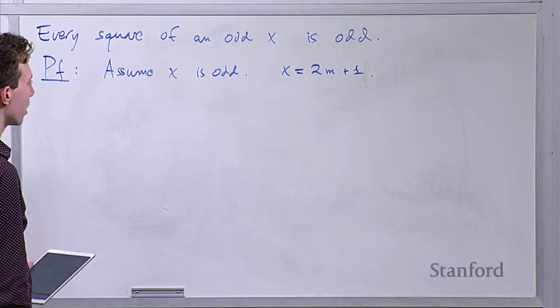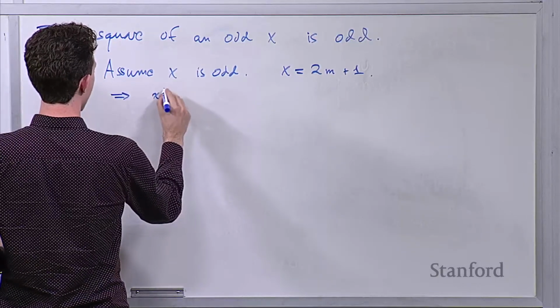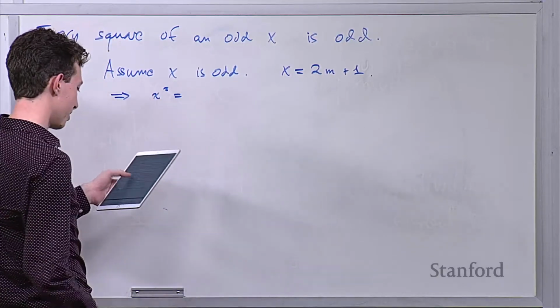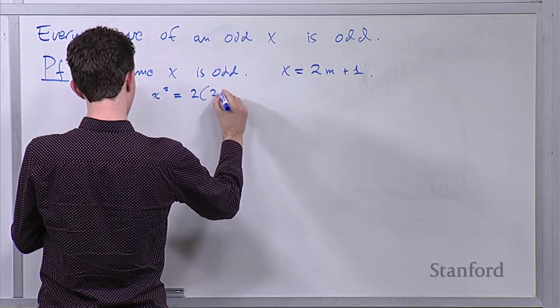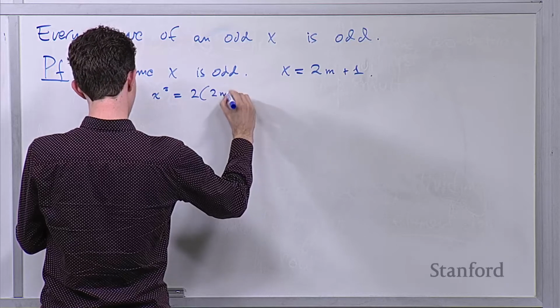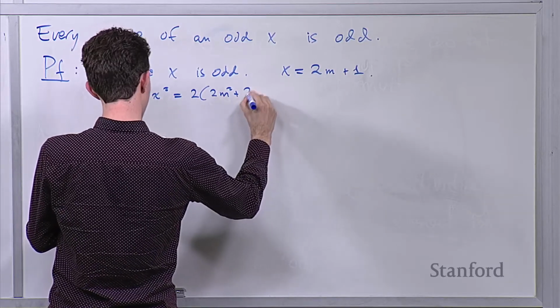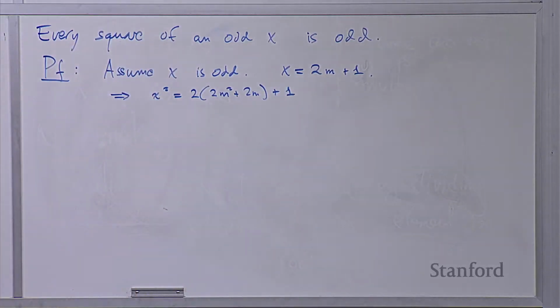And now we're going to say, what do we know about x squared? This means that x squared, and I'm going to skip to the conclusion here and let you guys work out the details, but x squared is equal to 2 times 2m squared plus 2m, plus 1. And what does this mean?